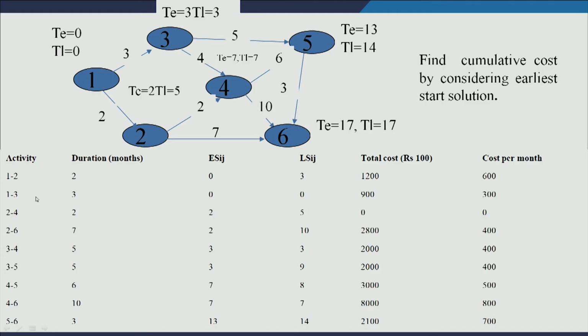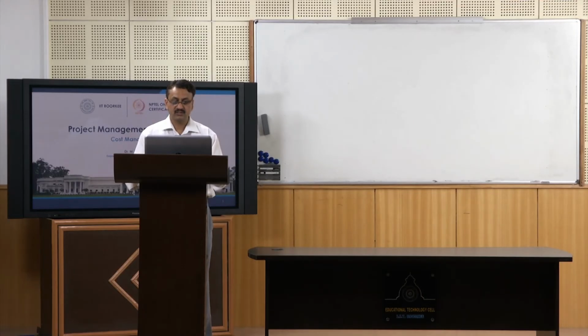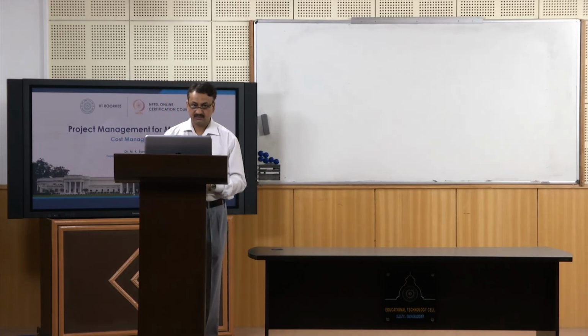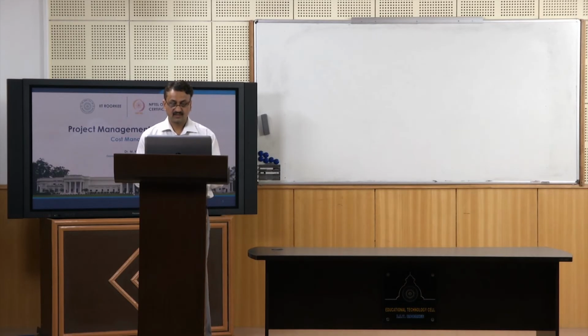Now, in this project you have also been given some cost related information. For activity 1 2, its duration is how much? 2 days. Its earliest start time is 0; you can start as early as 0 unit of time. For activity 1 2, its latest start time is 3. How did you get this 3? You can start as late as 3 units of time.